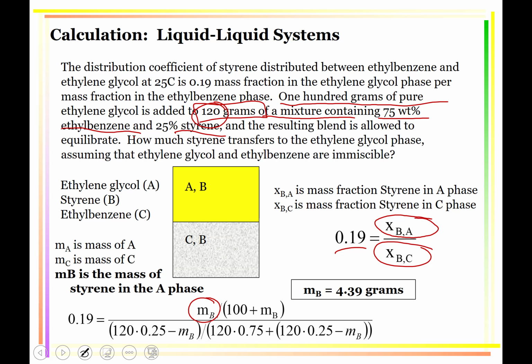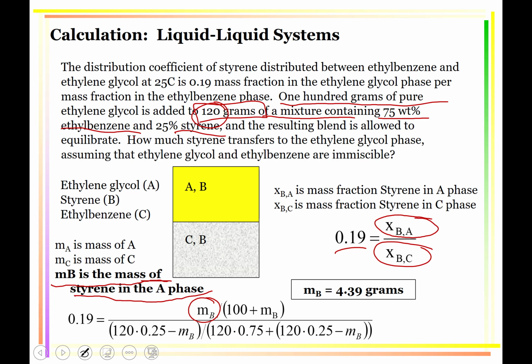So we can figure out exactly what we have going in. What we don't know here is, I'm defining one variable here. We're going to have one equation and one unknown. And our one unknown is what is the mass of B in the A phase? Okay, so we can use that one term and write out an equation that we will solve.